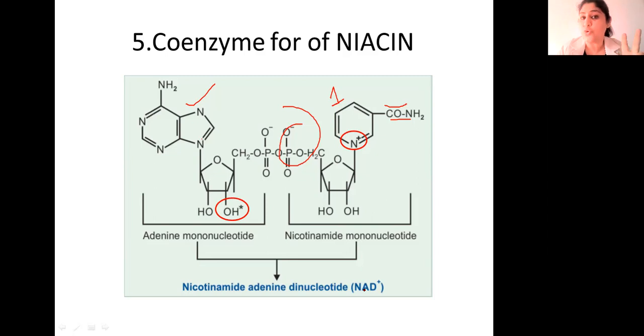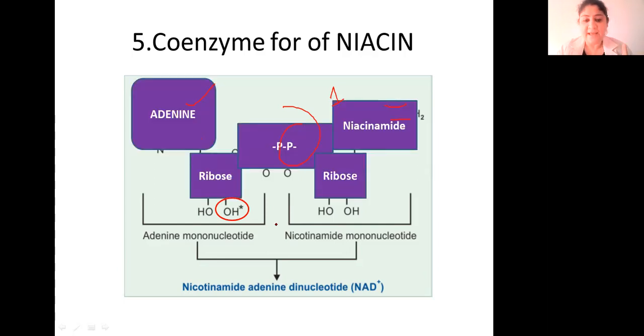Niacin has got two coenzymes. One is nicotinamide adenine dinucleotide. Second is nicotinamide adenine dinucleotide phosphate. So obviously you need another phosphate group to make that another coenzyme, right? So how do we make that coenzyme? Let me draw your attention to this OH group, which has an asterisk on its top.